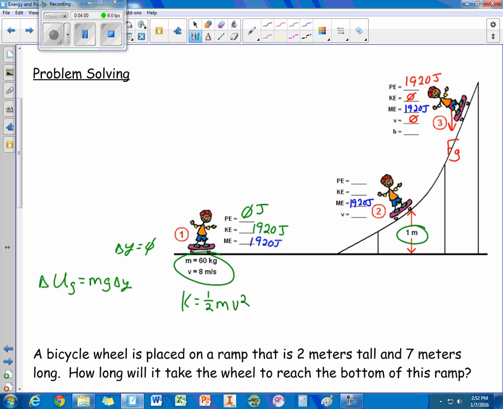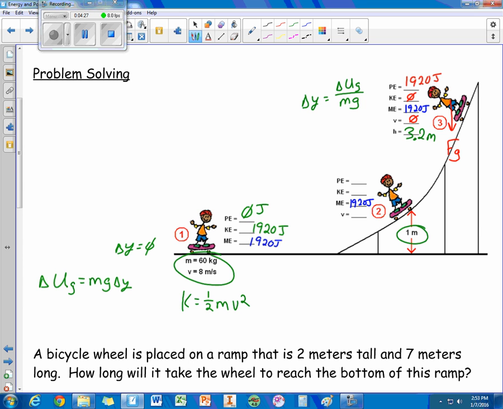So to get the height, or my delta Y, I can just take the energy and divide it by mg, because I know the mass of the boy is 60, g is 10, so that gives me 3.2 meters.